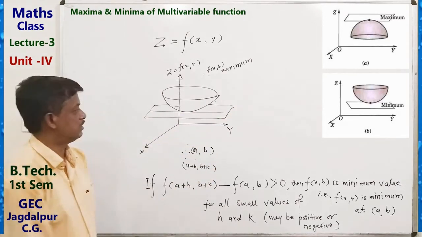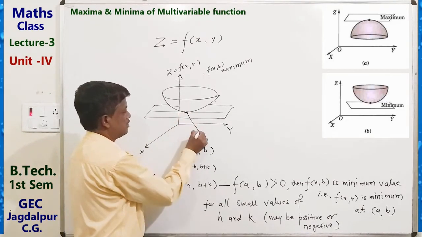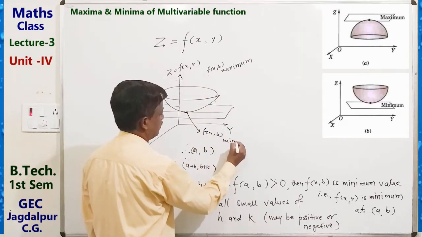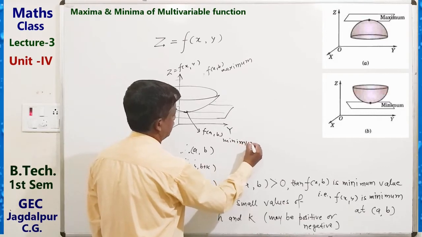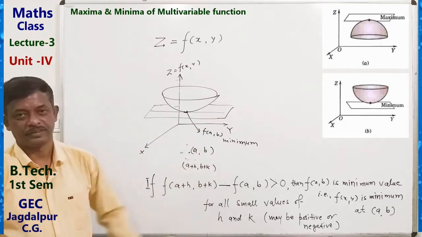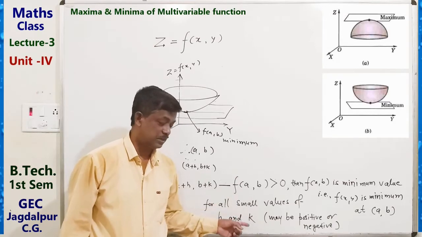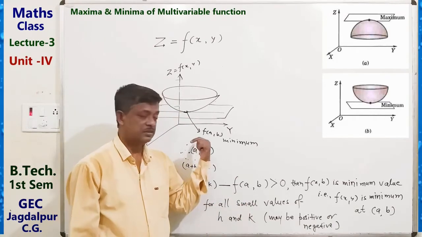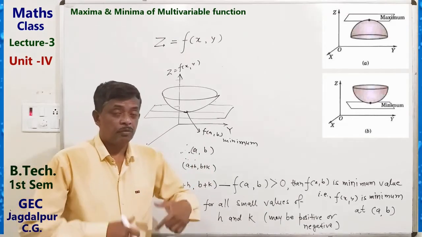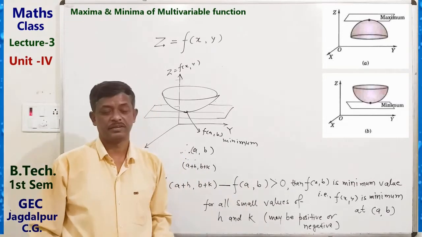In the second diagram it is clear that at this point, this is f(a,b), the minimum. So it is always positive for this. That is, the sign will be the same in the neighborhood. Whether it is a maximum or minimum will depend on the sign of this quantity.